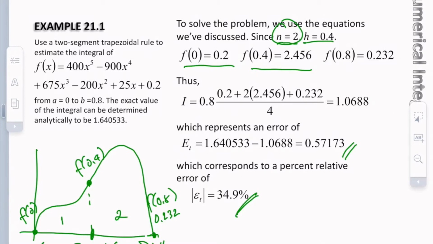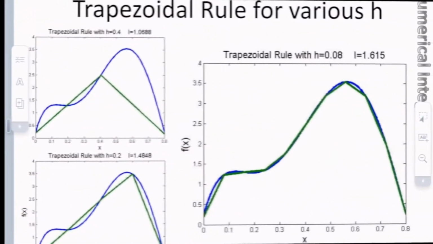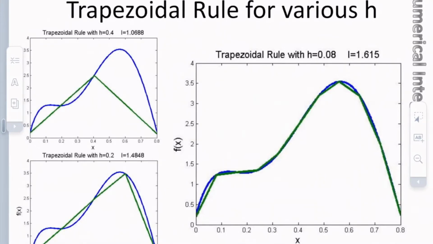You can imagine again that if you improve or increase the interval sizes, you improve the integration, the value of the integral, and also decrease the error. So here are the results for the use of the trapezoidal rule for various values of h.